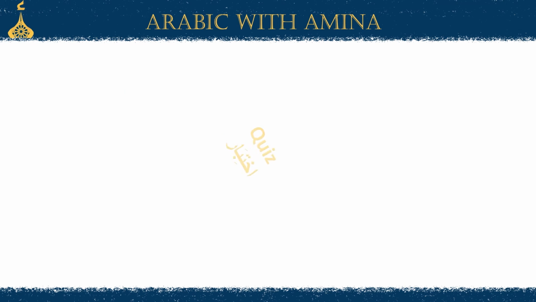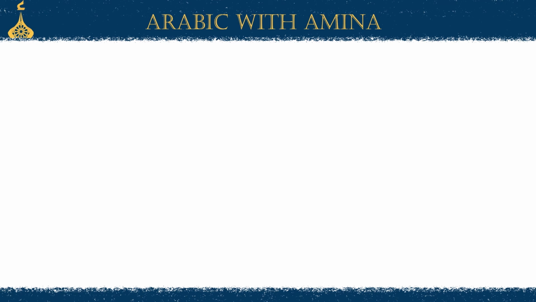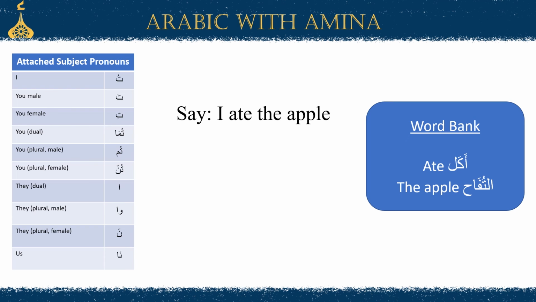Now I know that was a lot of information to digest, so we're going to try and put what we learned to the test by having a little quiz. For our first question, I want you to say, I ate the apple. This is the word bank. Ate is akala, and the apple is at-tuffah. And this is a table for subject pronouns in the past tense.